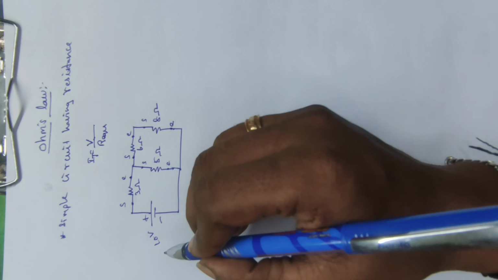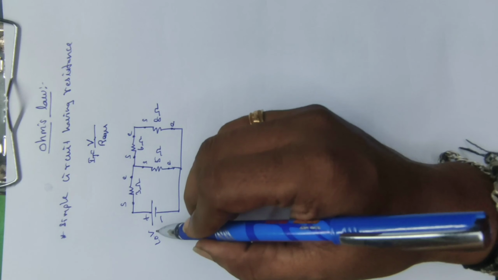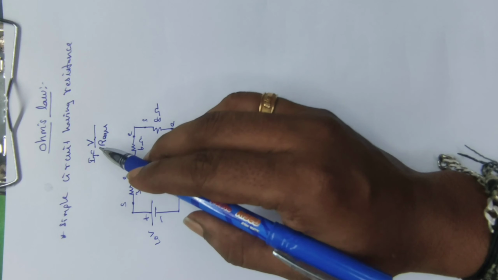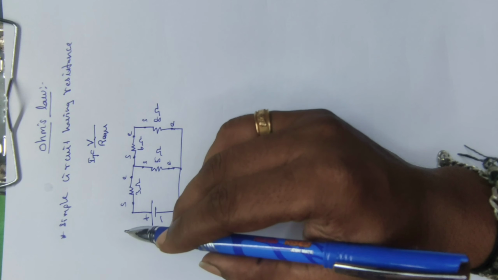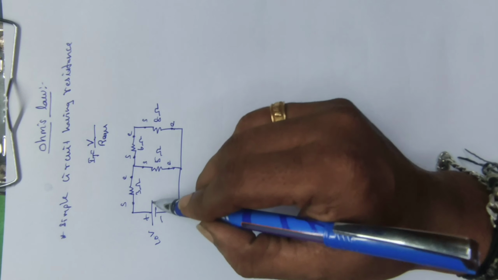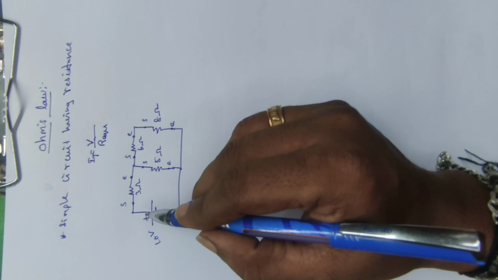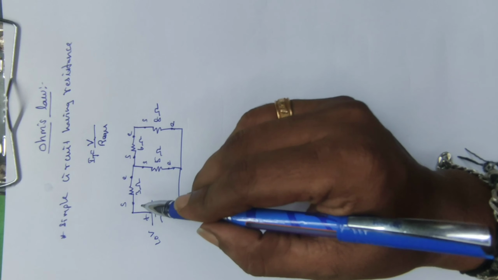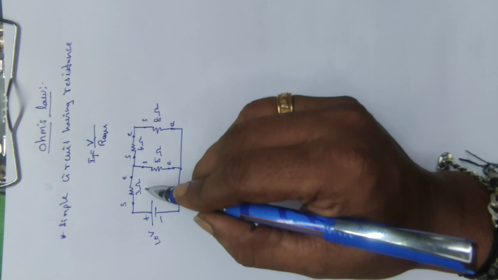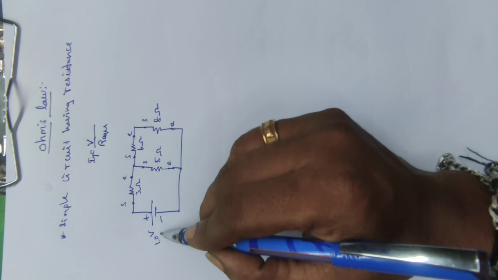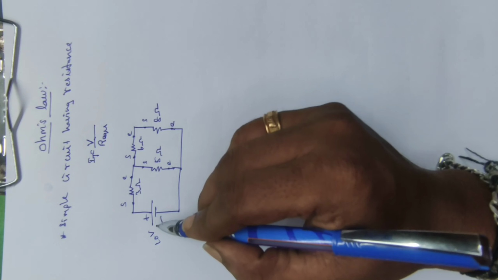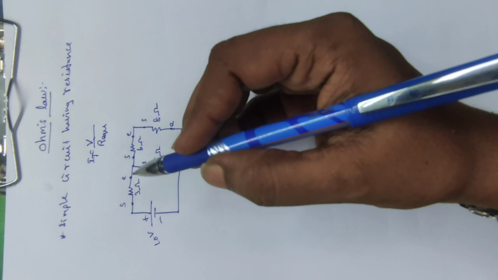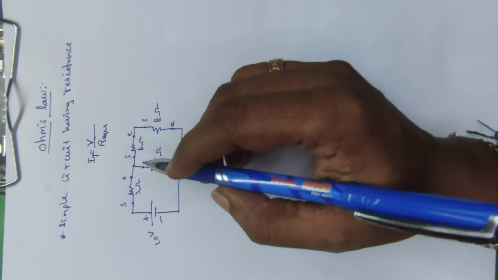As an example, here I have 10 volt. As we saw in the previous video, we don't change this voltage while representing an equivalent resistance. Whatever equivalence we determine has to be connected with the source, so it is the source resistance or final resistance.